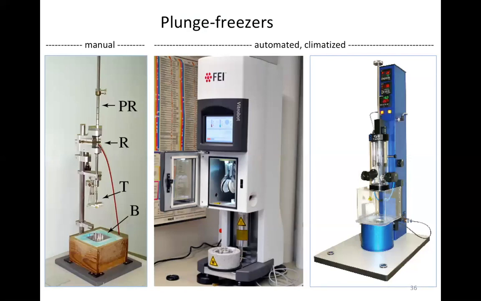So the plunge freezers, here's a manual one, and then there are commercial ones that are available. This one here you can build for $200, and the other ones cost something like between $50,000 and $70,000. These here have the advantage that you have environmental control and you have computer control over the blotting as well as the plunging.